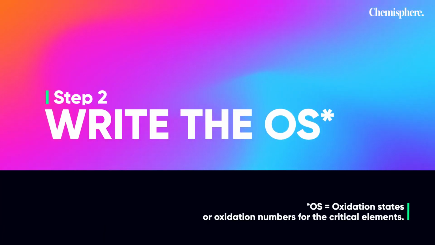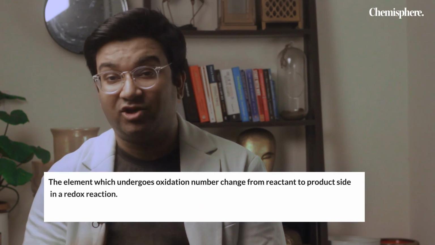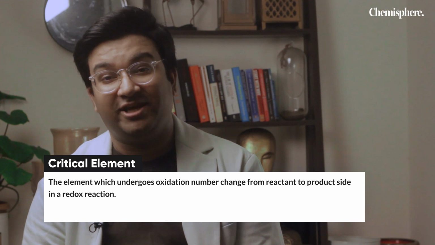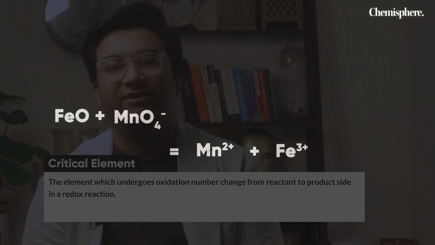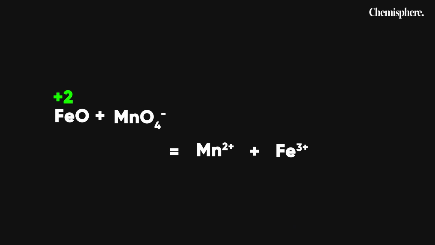The next step is to write down the oxidation numbers of the critical elements. What are the critical elements exactly? Critical elements are those elements which are actually undergoing an oxidation number change from the reactant to the product side. Here we see that Fe has an oxidation number of +2 which becomes +3. So this Fe, which is iron, can be treated as a critical element.